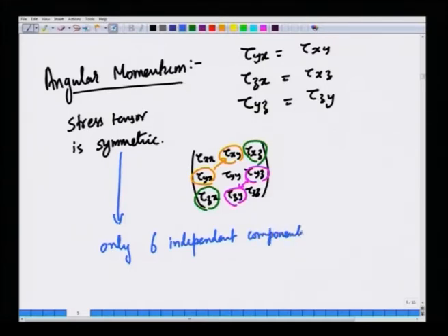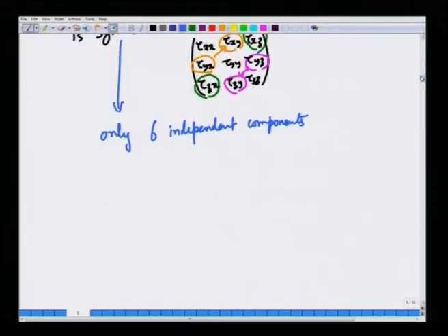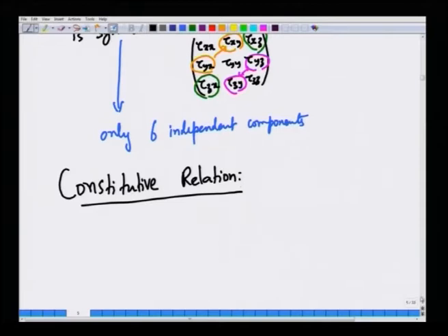But nonetheless, we are still left with more unknowns than the number of equations that we have to solve them. So, we have to specify what is called the constitutive relation. Okay.